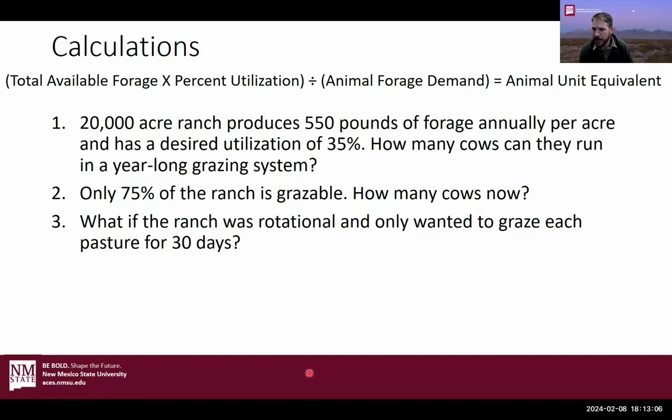So you want to know how many cows you can run for 30 days in one of these pastures before you rotate. So how does that play into this equation with all of these animal units? So go ahead. How would you put 30 days into the equation? Because we were doing 365 with your calculations.